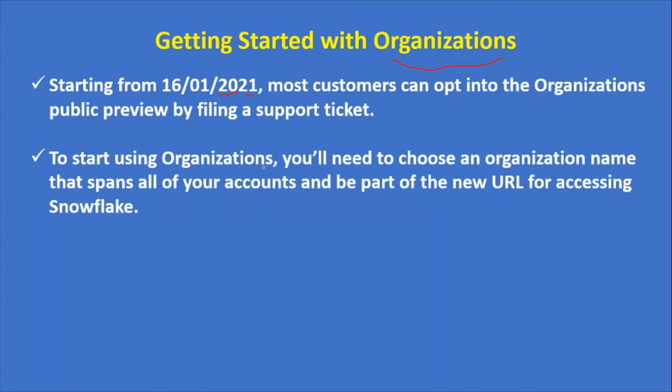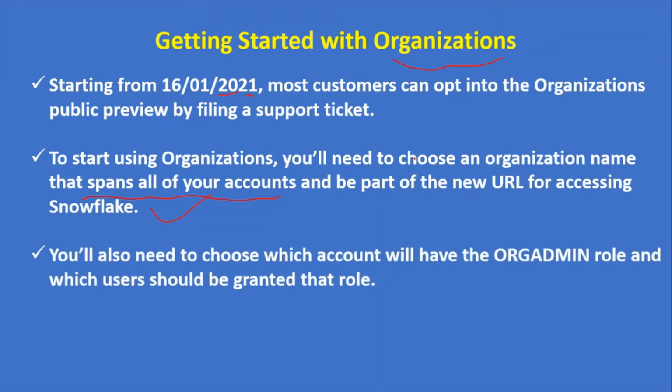To start using the organizations, you will need to choose an organization name that spans all of your accounts and becomes part of your new URL for accessing Snowflake. So when you fill out the Snowflake support ticket, you need to choose your organization name. This organization name will be included when you create more than one account.